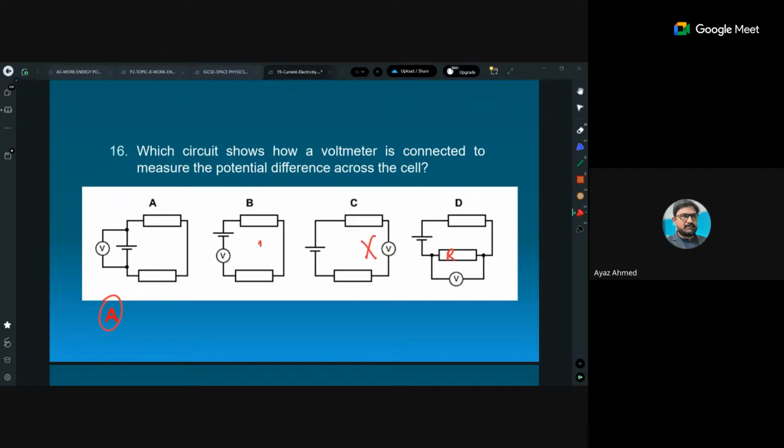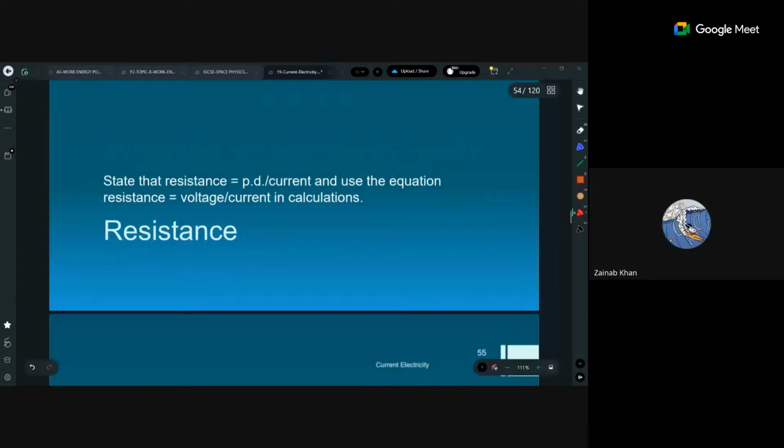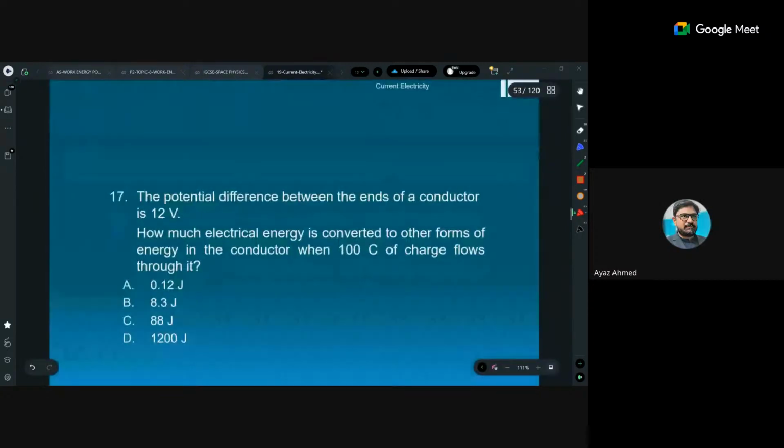This is entirely wrong. So A and D is the right placing. A भी आपका सही है, D भी आपका सही है. But option D is the potential difference across resistor, not cell. ओह अच्छा अच्छा ठीक है. ठीक है? जी सर. ओके.